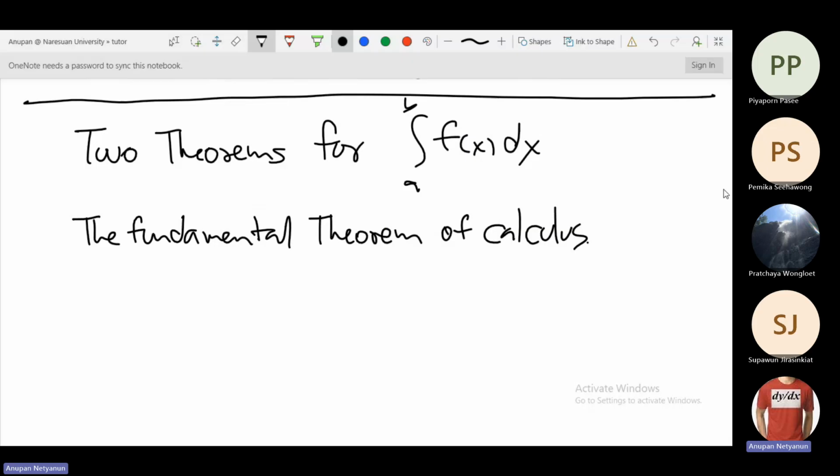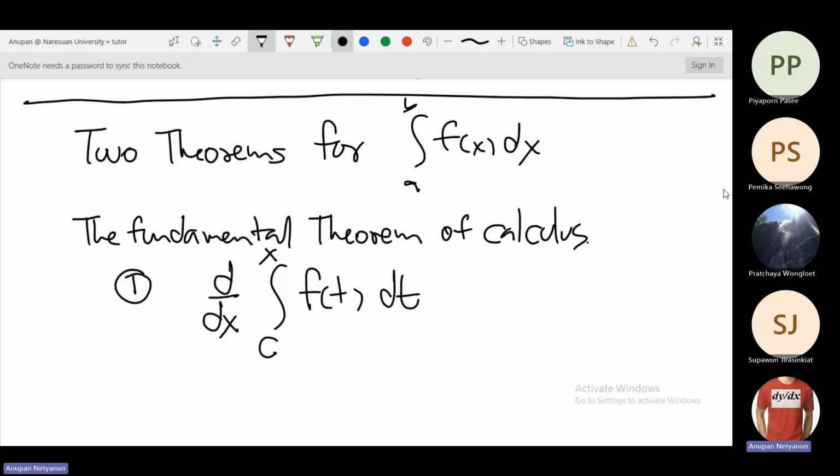The first one says that when you take the derivative with respect to x of the definite integral from a constant to x of f of t dt, it is equal to f of x.